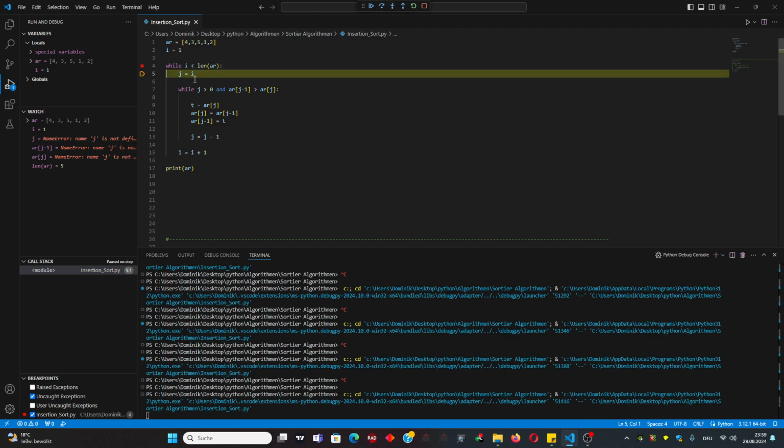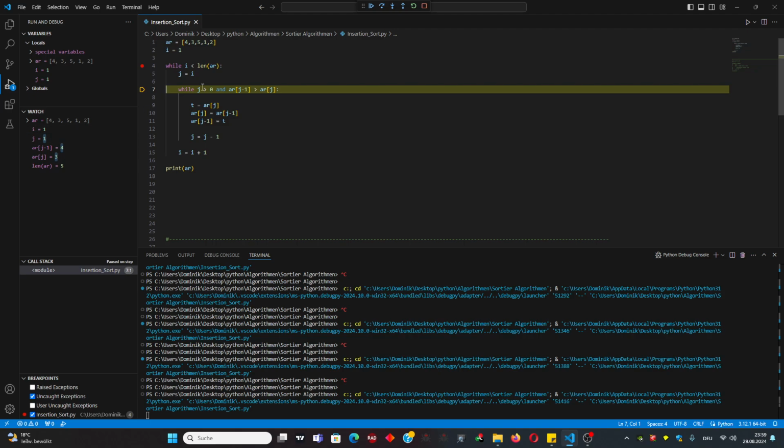J is getting the value from I, so J will be 1. Now we check if the value of J is higher than 0, and yes it is. J is holding the value 1.